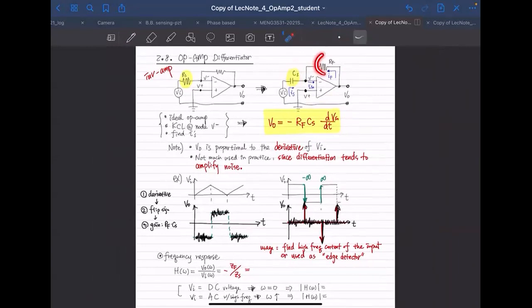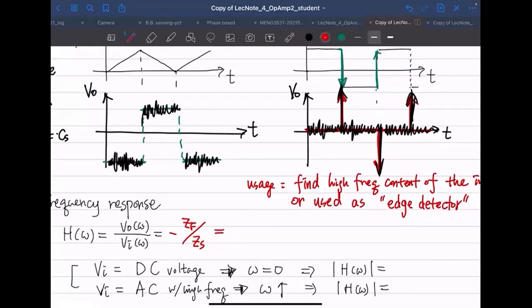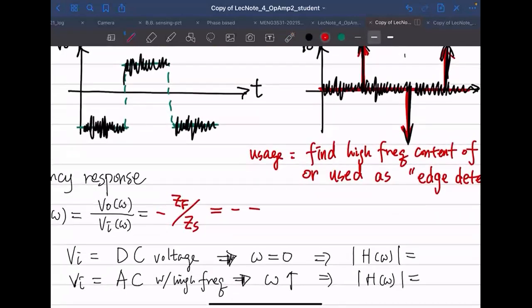So ZF is nothing but a resistor, ZS is a capacitor. So this is negative RF over 1 divided by J omega CS. And it's going to be negative J omega RF CS, just like that.